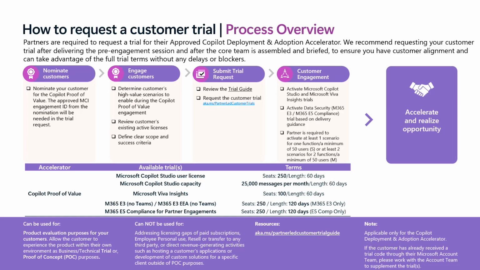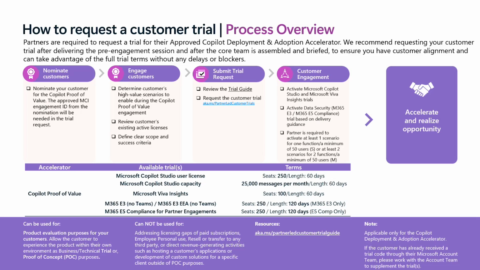So you can request a customer trial, and I have here the different small steps to nominate a customer, to engage a customer, and submit this trial. And I provide in this slide the link where you can find this trial guide.